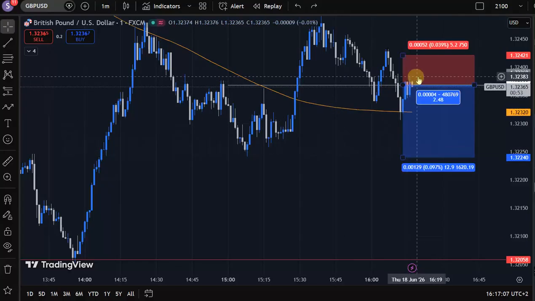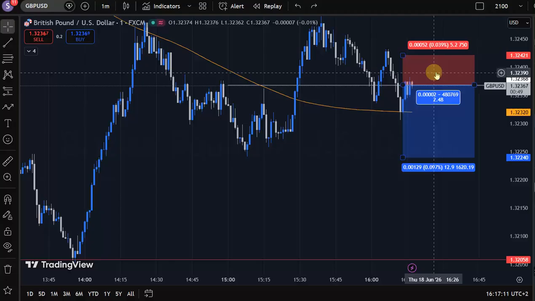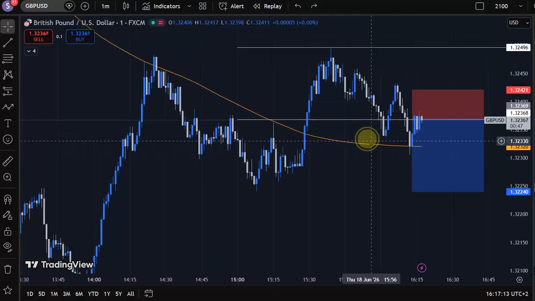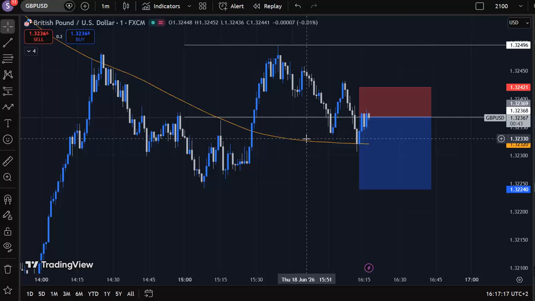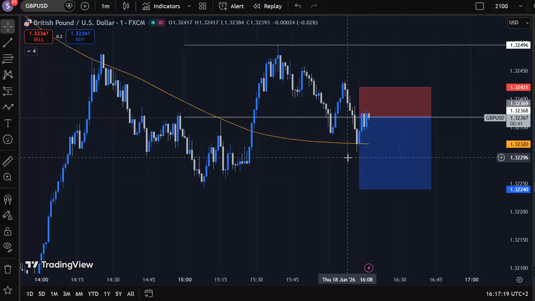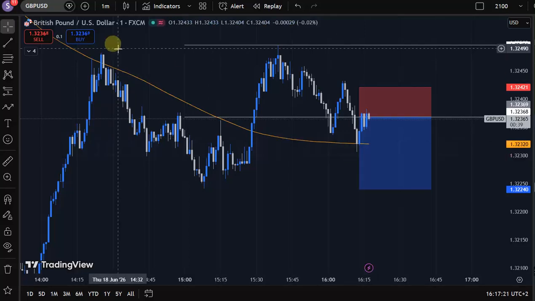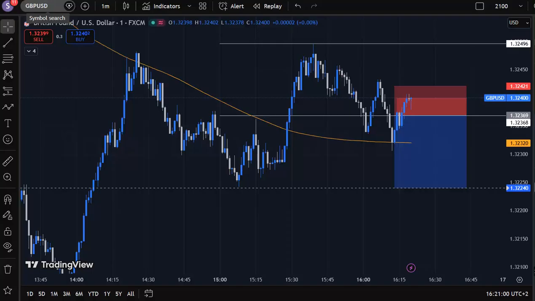See, right now, price is playing around my entry. It is busy closing inside the 50, the opening range, and I need it outside the opening range. This doji candle just took me out.